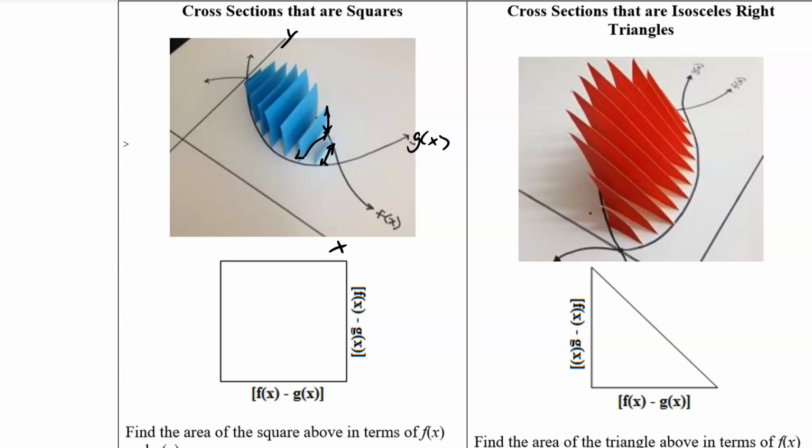Because the sides of a square are equal. The area then is going to be the side length squared.